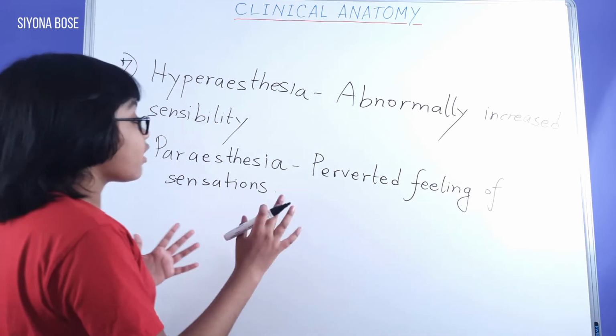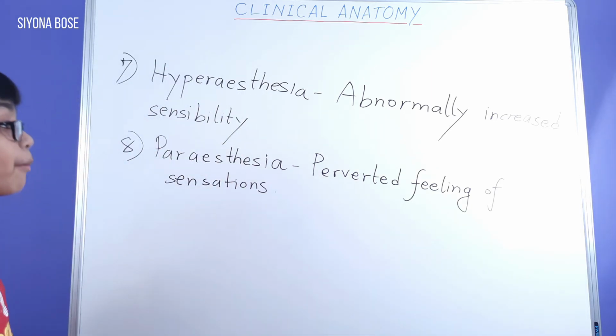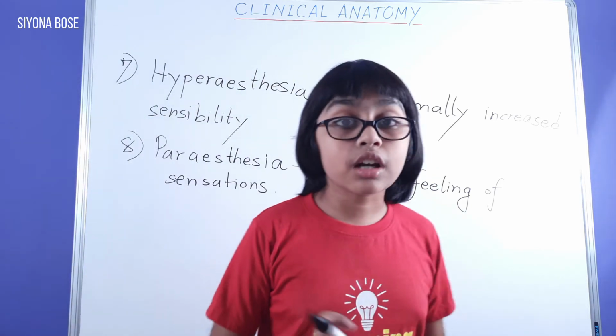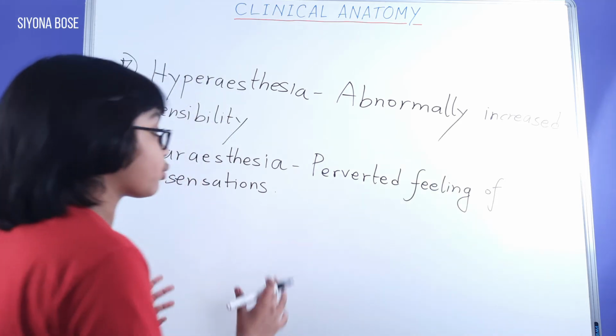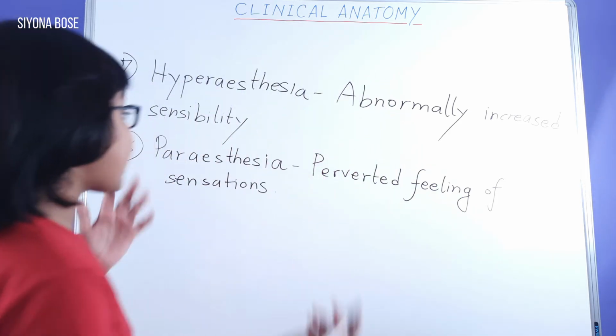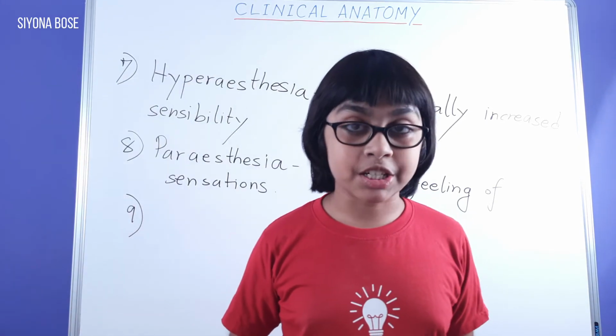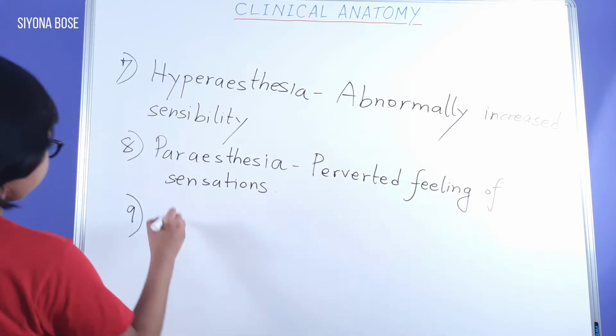So a perverted feeling of sensations tells us that the sensations are not happening correctly. They are not correct sensations, or it's not reacting as it's supposed to react. That is paraesthesia.